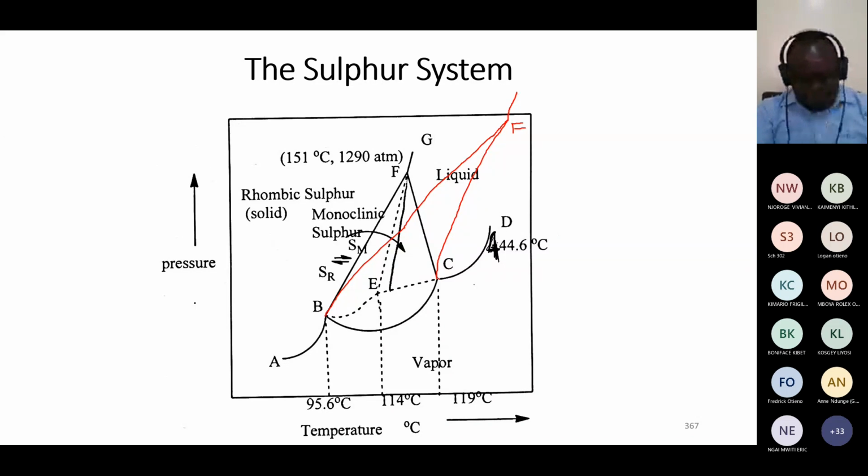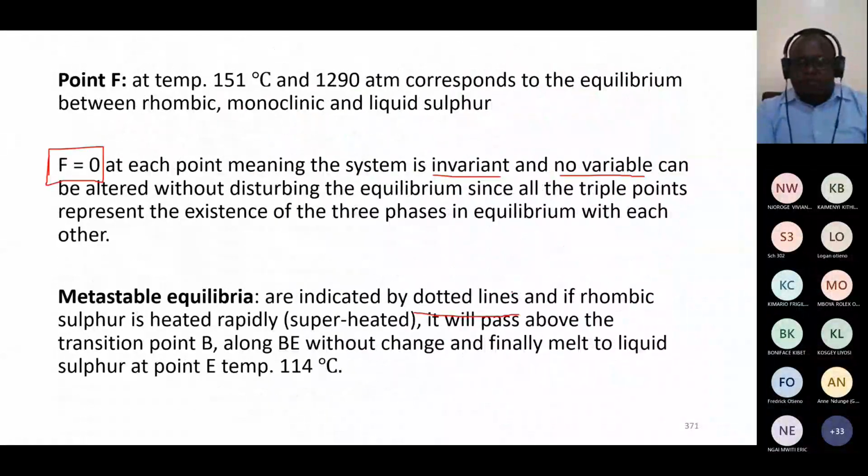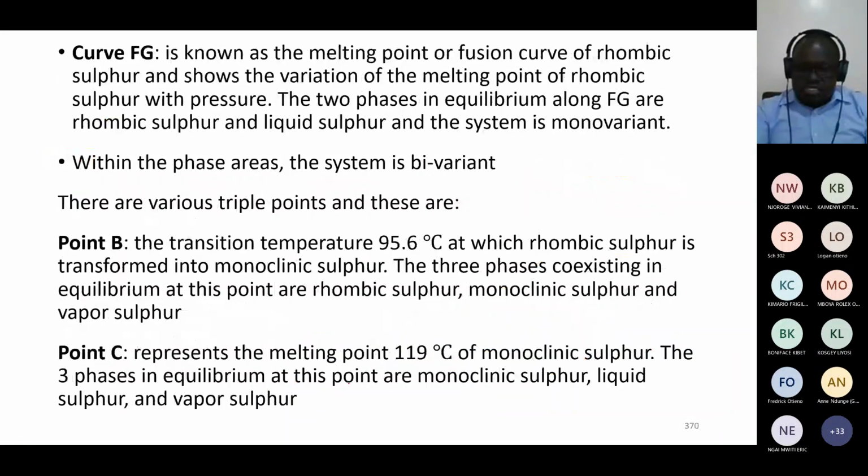Now here, just as in the case of the water system, it involves superheating and supercooling. So if rhombic sulfur is heated rapidly, or superheated, it will pass above the transition point B along BE without change. And finally, it would melt to liquid sulfur at the point 114 degrees Celsius.